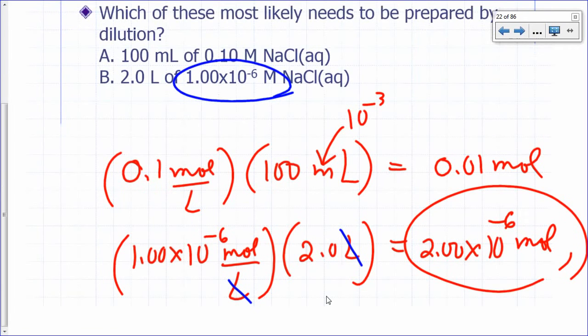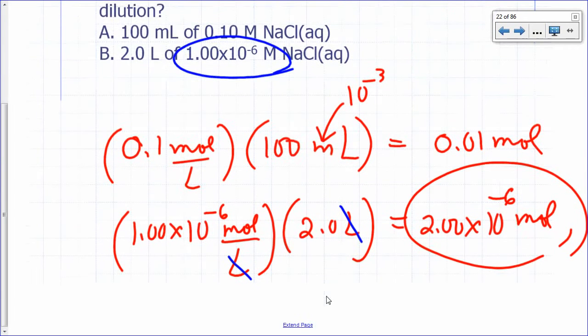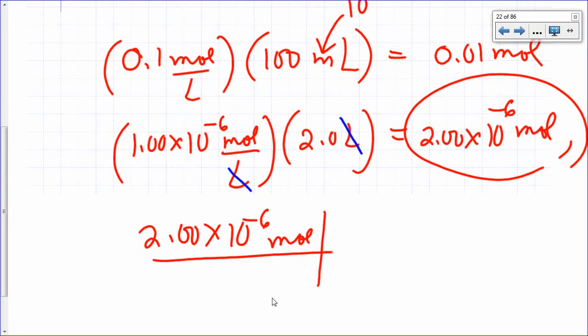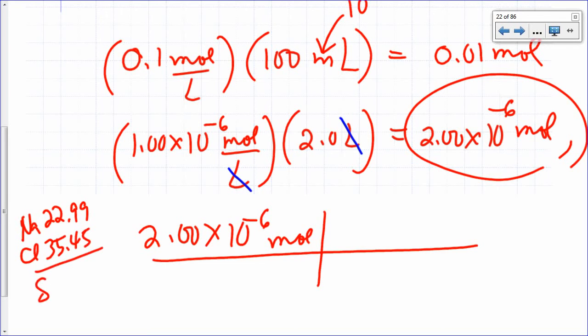This is a very small amount. In fact, how many grams would that be? 2.00 times 10 to the negative 6 moles of sodium chloride multiplied by the molar mass. Sodium is 22.99, chlorine is 35.45, so that's 58.44 grams per mole.